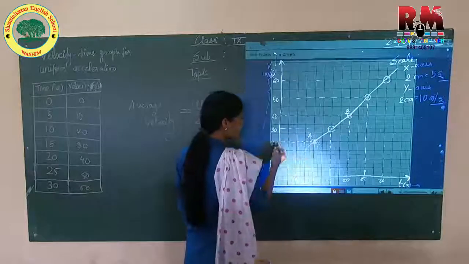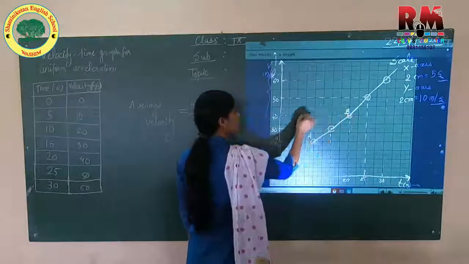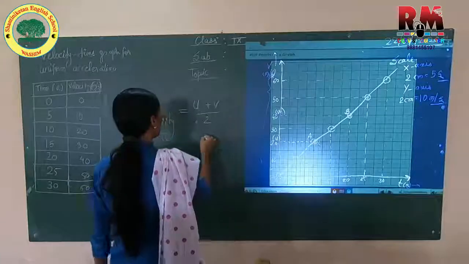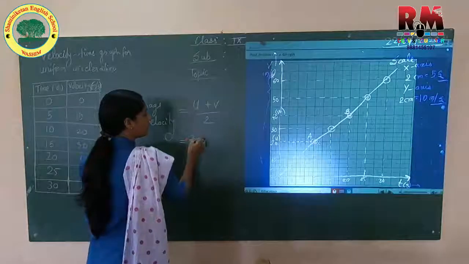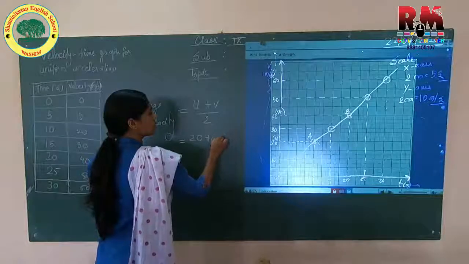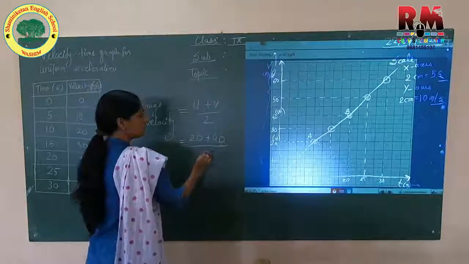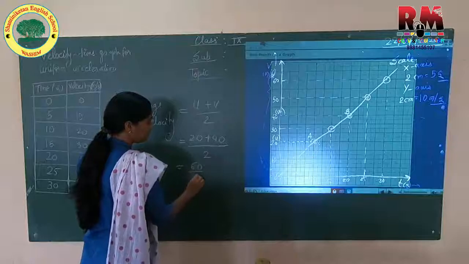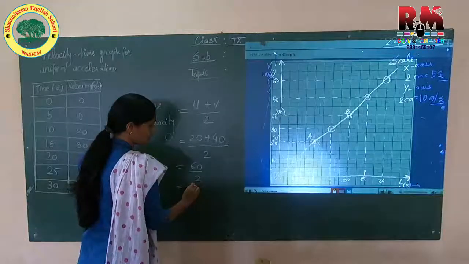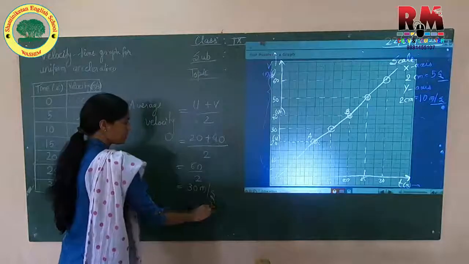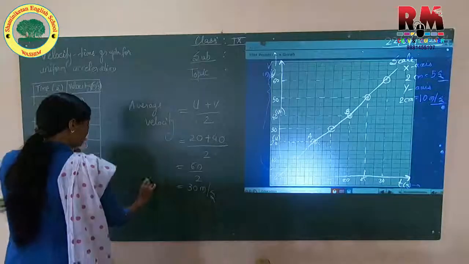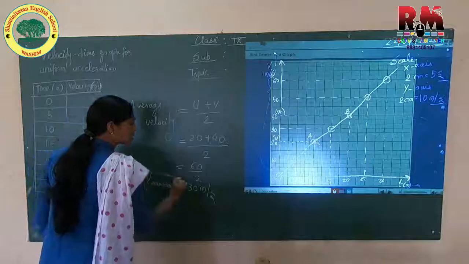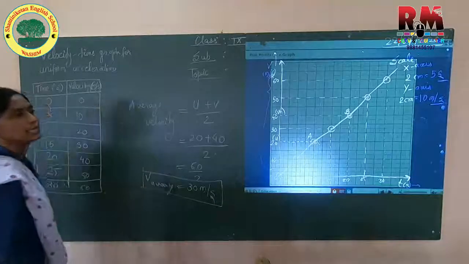This value will become u, and this value will become v. So initial velocity plus final velocity upon 2. So it becomes 20 plus 40, 60 upon 2. Answer will come 30 meter per second. So average velocity is here 30 meter per second.